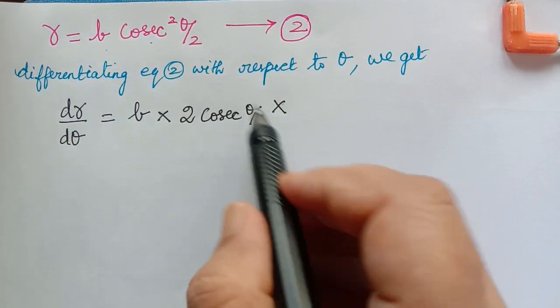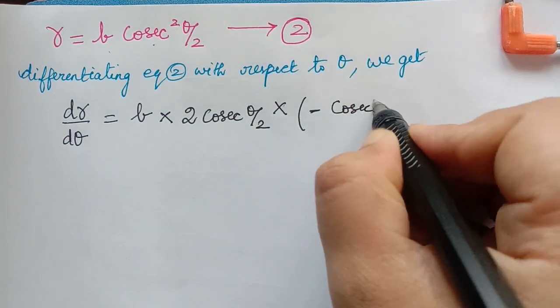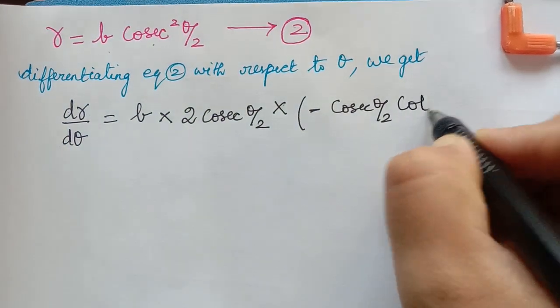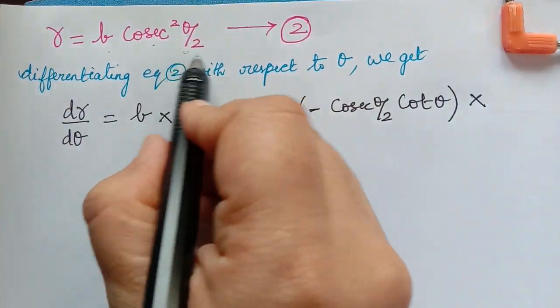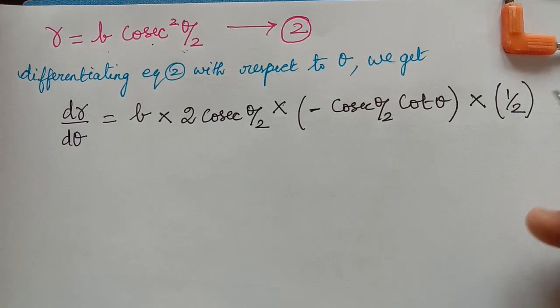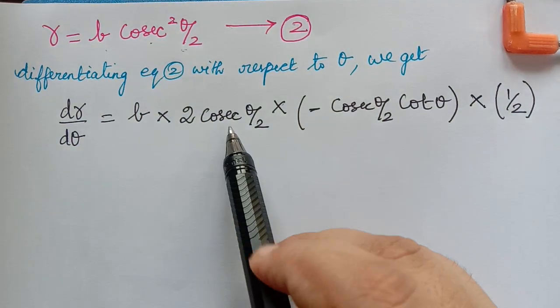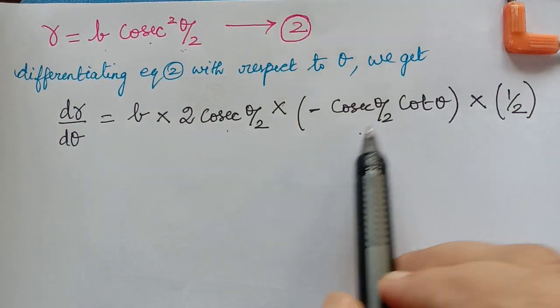the differentiation of cosecant theta by 2, which is negative cosecant theta by 2 cot theta by 2, multiplied with the differentiation of theta by 2, which is 1 by 2. Here we have used the formula: differentiation of cosecant theta is minus cosecant theta cot theta.